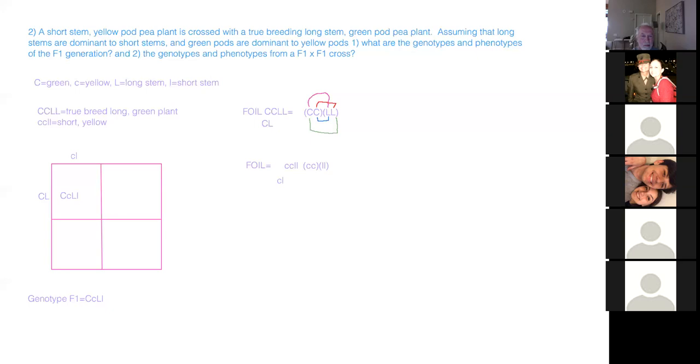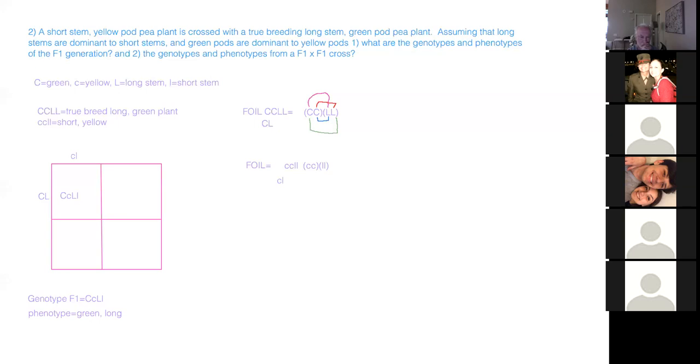Should be green, right? For stem length, big L, big L for long. That's going to be my dominant phenotype. And as you said, the dominant phenotype for color will be green. So my F1s can only be green pea pods, long stems. That would be your answer for the first one.